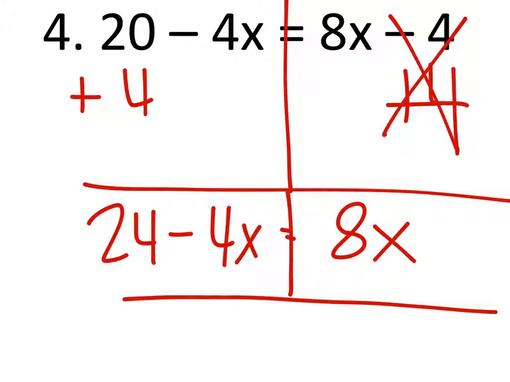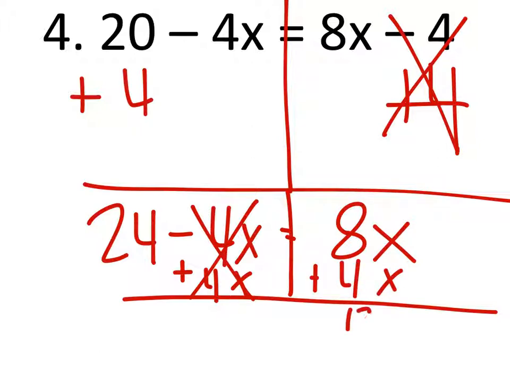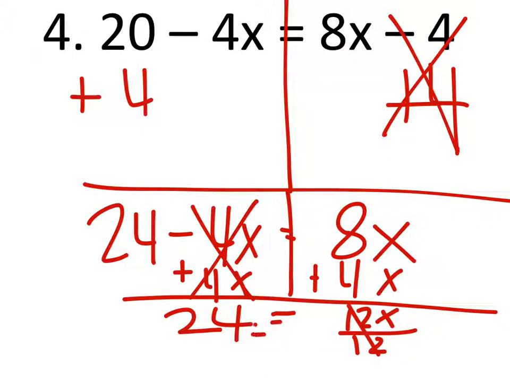And this time you can add 4x. So that would cross that out. And then adding 4x would equal 12x. And so then that would just leave us with 24 equals 12x, and then you divide them both by 12, and that would equal 2, so 2 equals x.